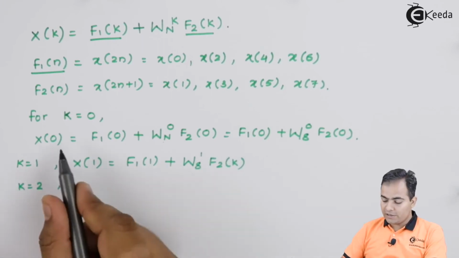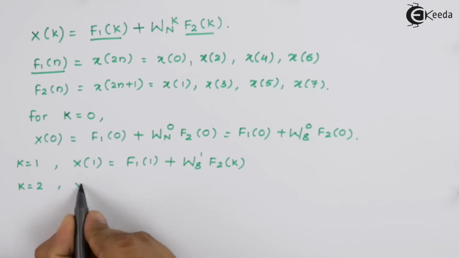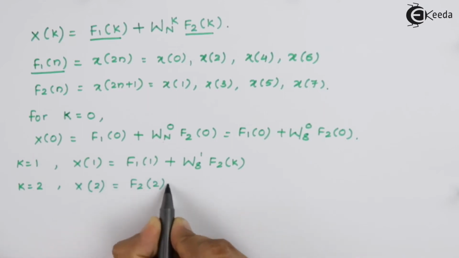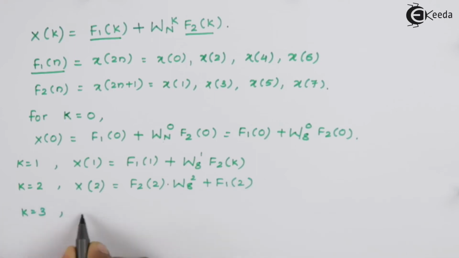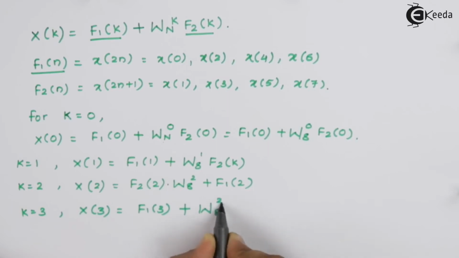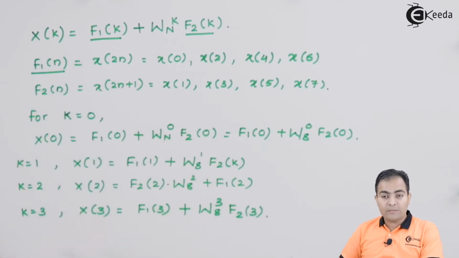So I'll calculate the next two values also, for k equals 2 and k equals 3. So the x of k, first 4 samples, that is 0, 1, 2 and 3.